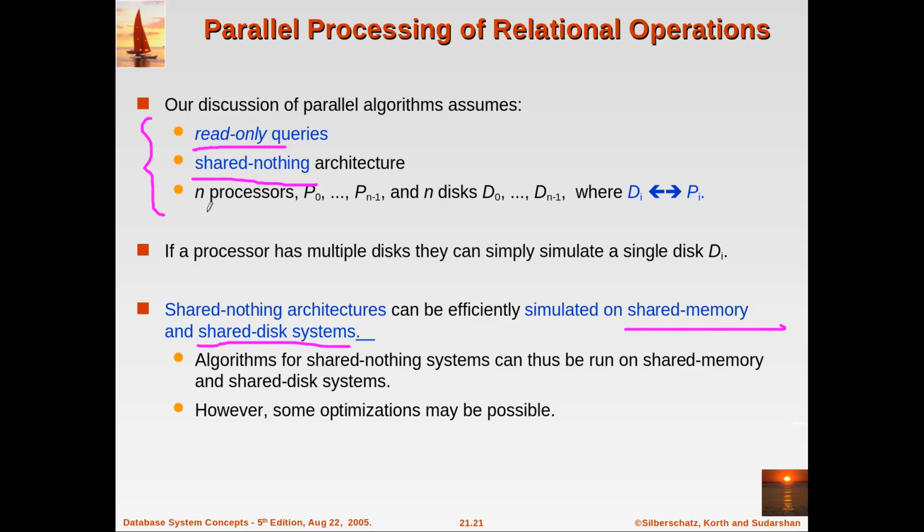Our assumptions are that we have n processes available, from P0 to Pn-1. For example, if you have 3 processes, they will be P0, P1 and P2. Similarly, we have n disks available, from D0 to Dn-1, so D0 to D2 if you have 3 disks. We assume we have the same number of processes and disks available in parallel.